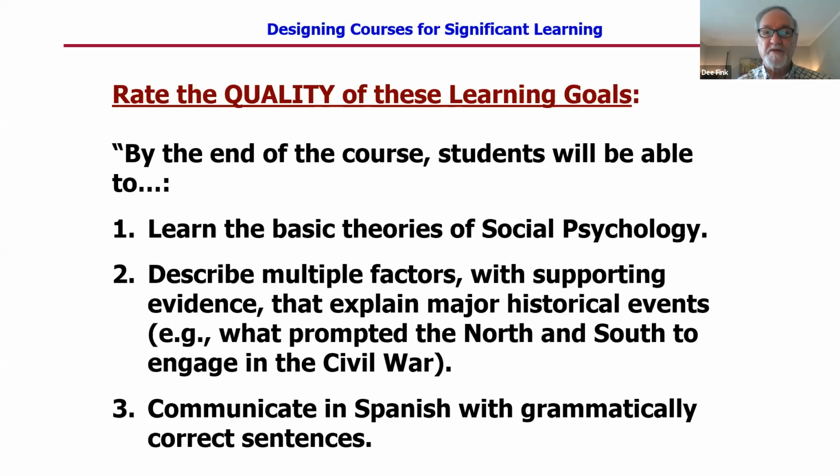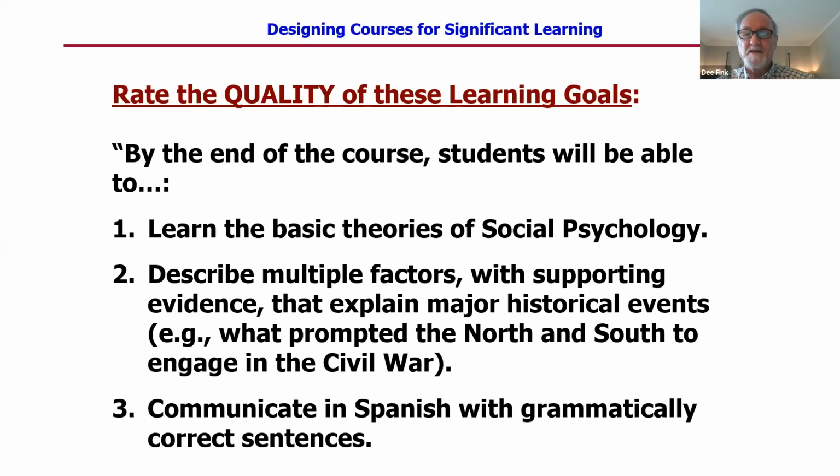And the problem with number 3 is communicate. Now, communicate is a good term, but the grammatically correct sentence I thought was too specific. I mean, you want to work on that, but that's not one of the big goals here. You might want to unpack communicate, whether you mean all 4 of the basic communication skills, or mainly understanding and speaking.